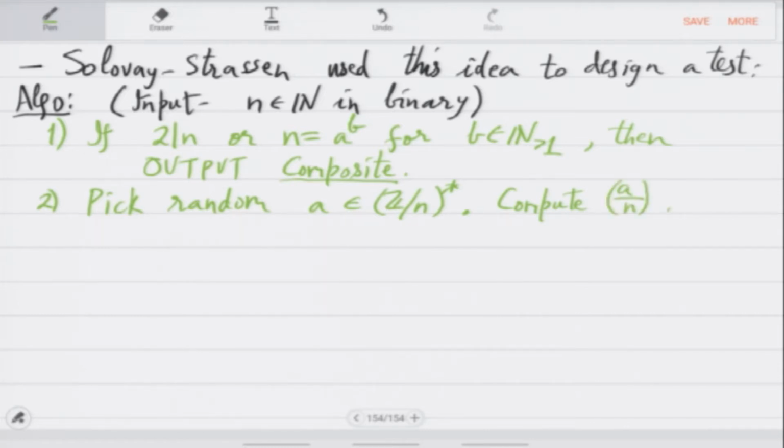Using this Euclid GCD type algorithm, you will very quickly get a by n, which is plus minus 1, and if this a by n is a to the n minus 1 by 2 mod n, in that case you guess that n is prime.